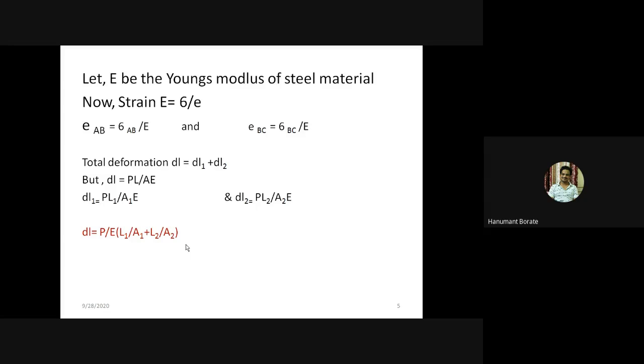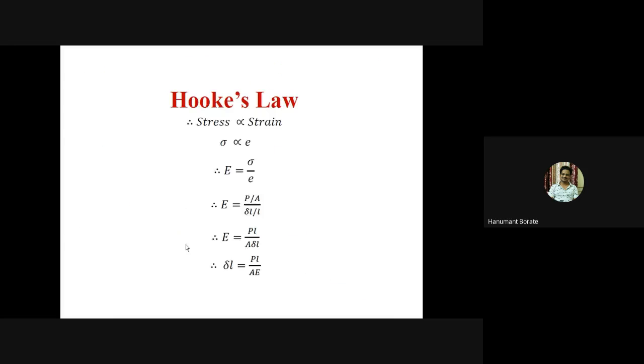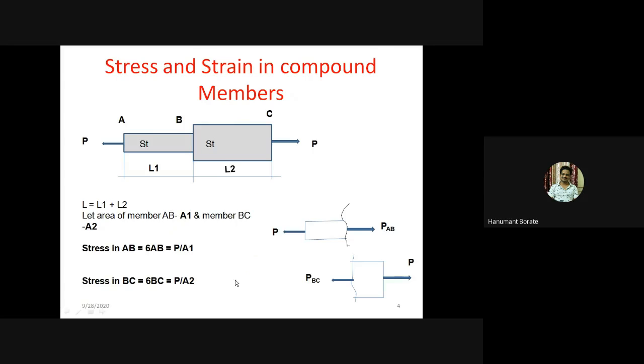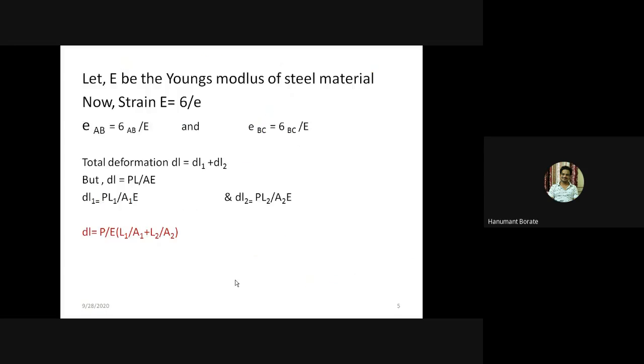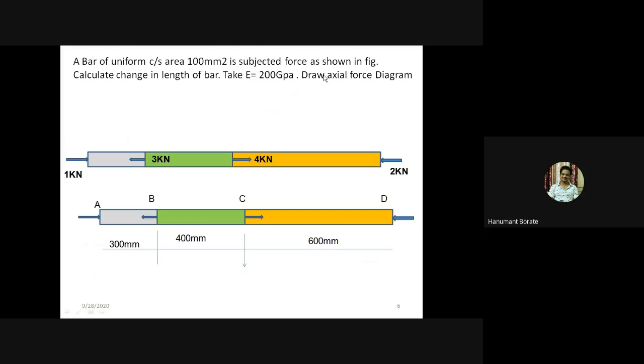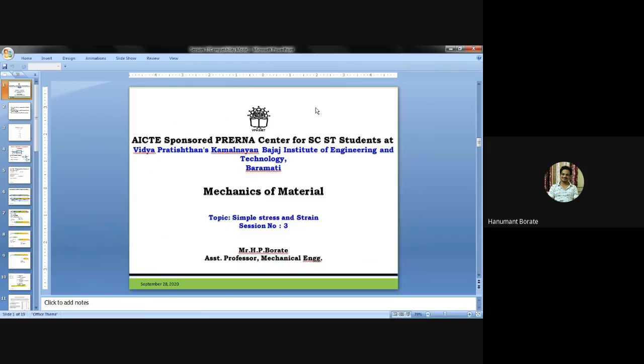This member may have the same material, this member may have a different material, or this member may have a different cross section, right? So if we know the basic equation, that is delta L equal to PL by AE, we can solve the problem. If members are in a series, with a different material or the same material, we can solve the problem.